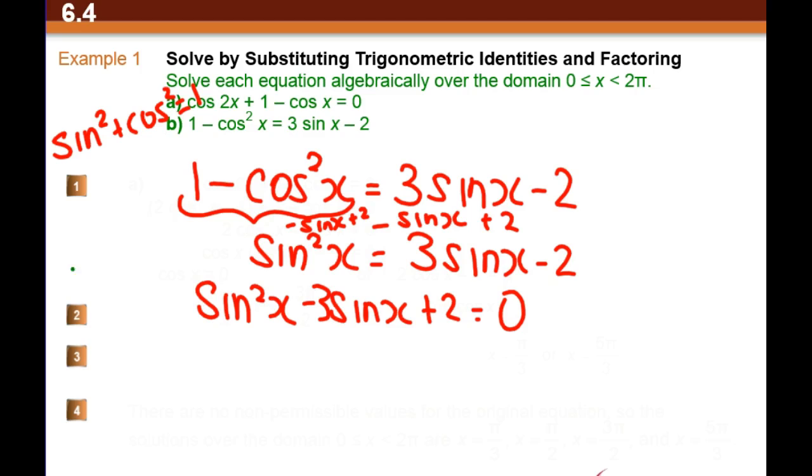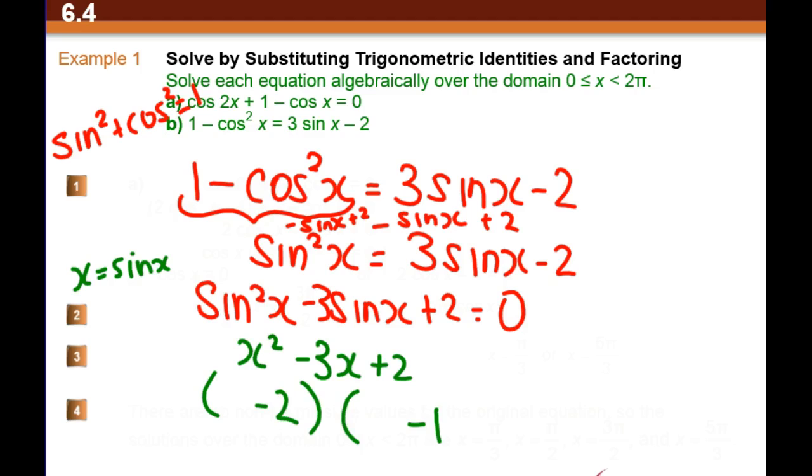Okay, so what if we replaced sine with x? Okay, so then this would be x squared minus 3x plus 2. Okay, does that look less scary? Yeah, it's a trinomial, so you say what's a multiple of 2 that adds to minus 3? And it's negative 2 and negative 1. And so we can just put the sines back in. Okay, so we only replaced it so that it was something that we could actually understand.